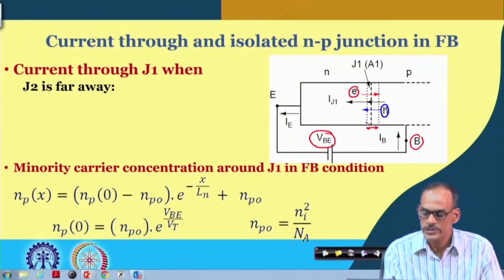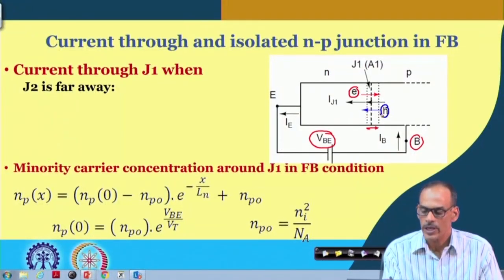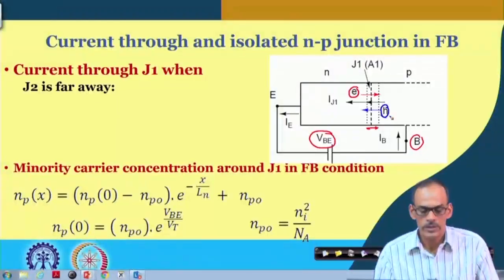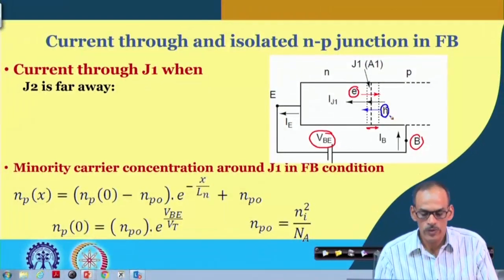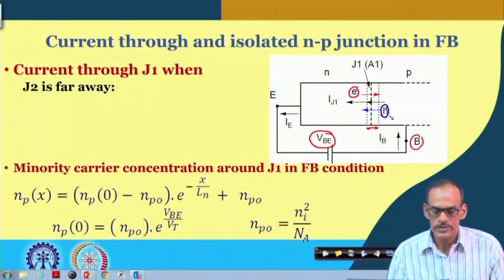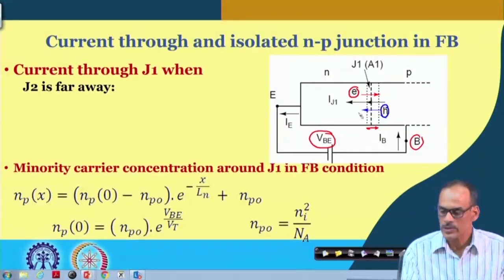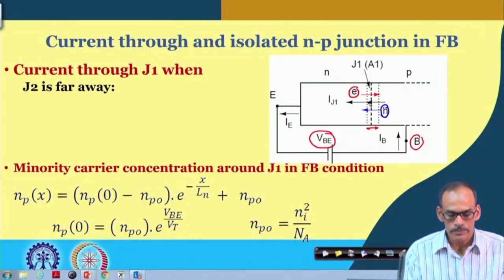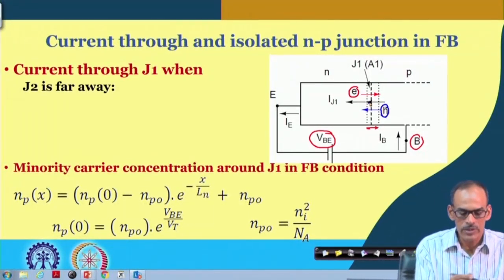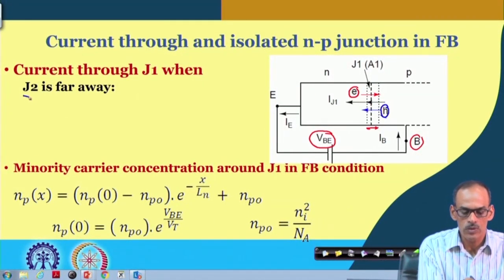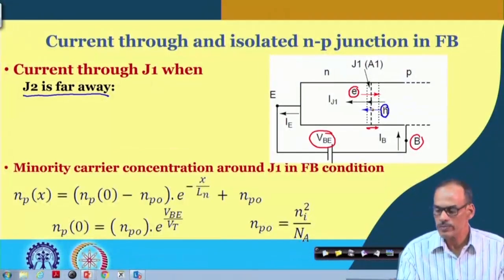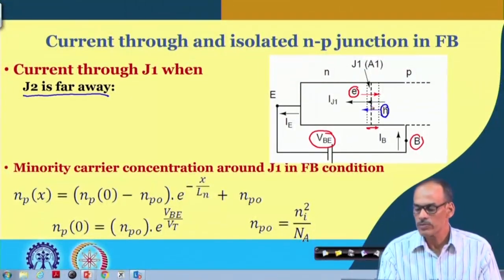Now, beyond this depletion region, as we apply this voltage, it is expected that in steady condition the carrier concentration will have an exponential fall beyond the depletion region. So, let us look into the profile of this minority carrier concentration, particularly near junction 1, and the assumption is that the second junction, J2, is very far away from this junction.